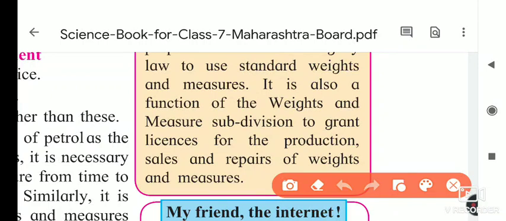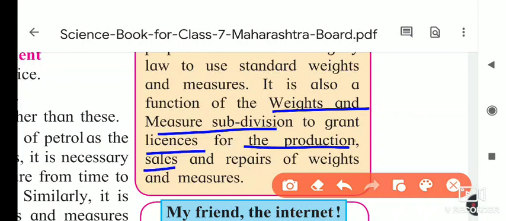The weights and measures subdivision also functions to grant licenses. It gives licenses to shopkeepers for production, sales and repair.